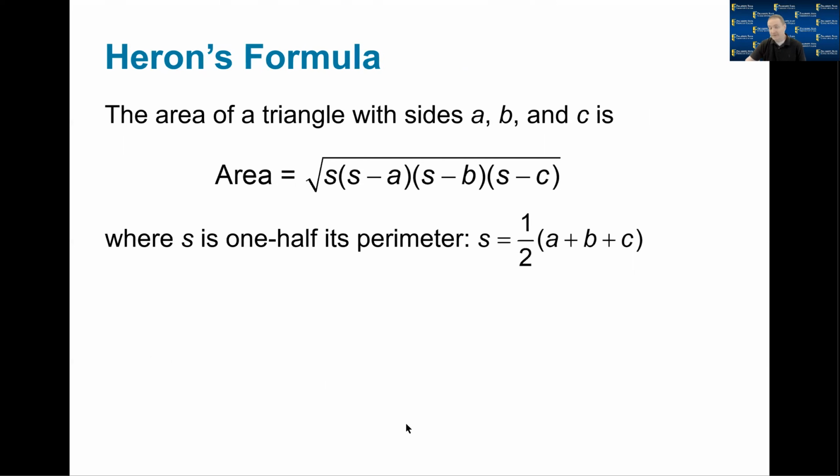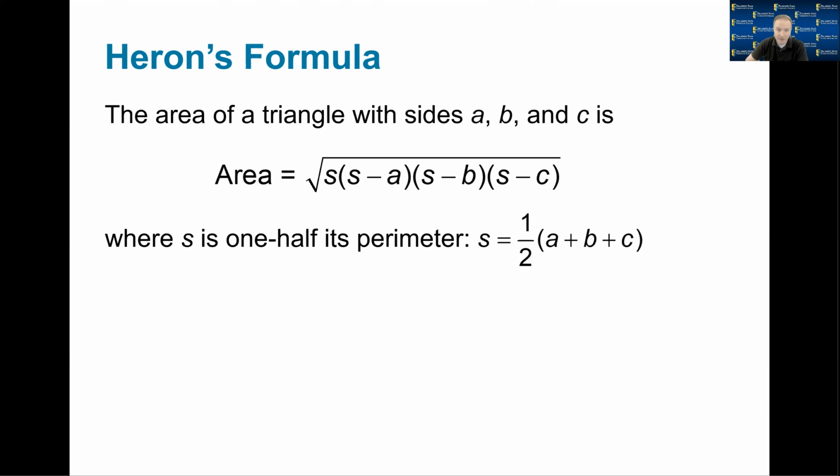Now, the last thing that you'll see in this section is your area of triangle formulas, and this is going to be very easy. Heron's formula, it's not important enough for me to make you memorize, but it's super easy to memorize. The area, where S is equal to half of the perimeter, so you just add all the sides together and divide by 2, and that's what S is in this problem.